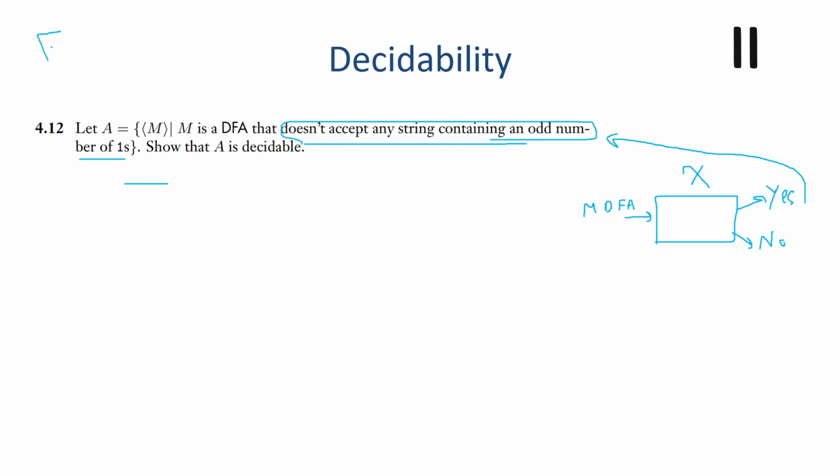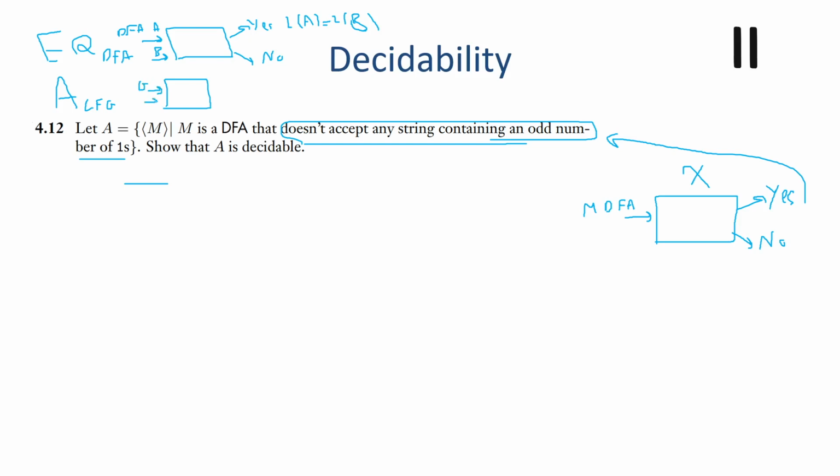Now, last time we assumed the following. We assumed that the machine EQDFA is already decidable, which means it's a machine that takes as input two DFAs, DFA-A and DFA-B, and it'll tell me yes or no if they have the same language. So yes or no, if the language of A is the same as B, and they're both DFAs. We also used a CFG machine, which takes a grammar G and a string W, and it'll tell you yes if G generates that W string, or no otherwise.